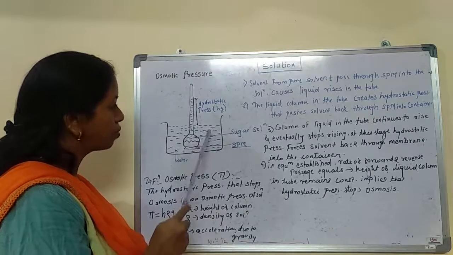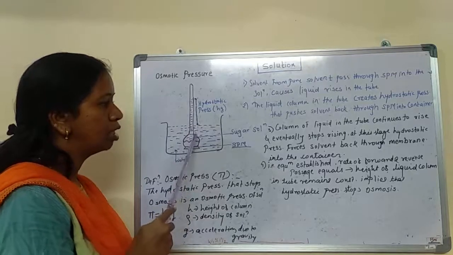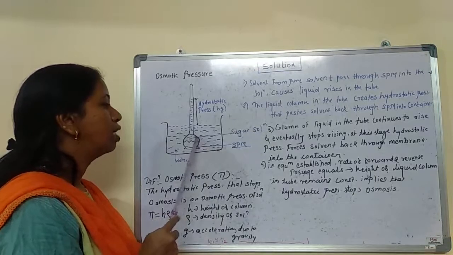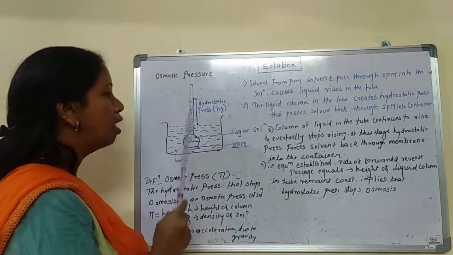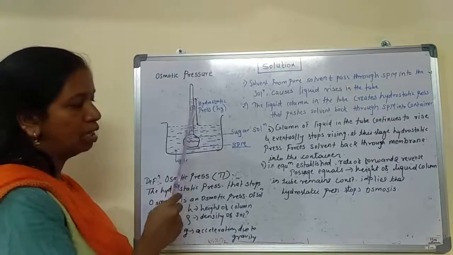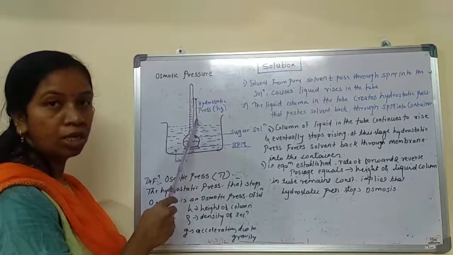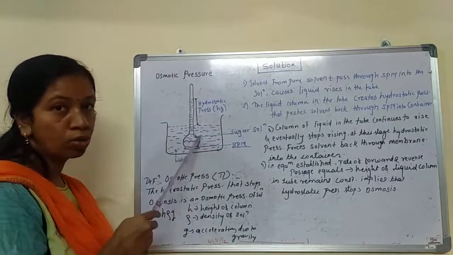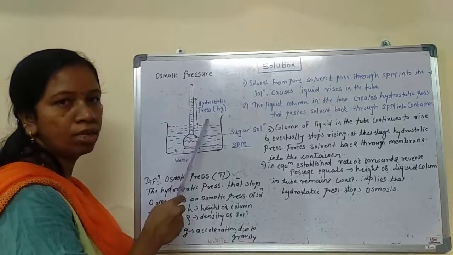Here the rate of forward reaction and the rate of reverse reaction reach an equilibrium at one stage, and then the height of the column in the tube remains constant. It shows that a hydrostatic pressure is developed, and it stops osmosis. Osmosis means solvent molecules passing through the SPM into the solution. Here that hydrostatic pressure is formed.